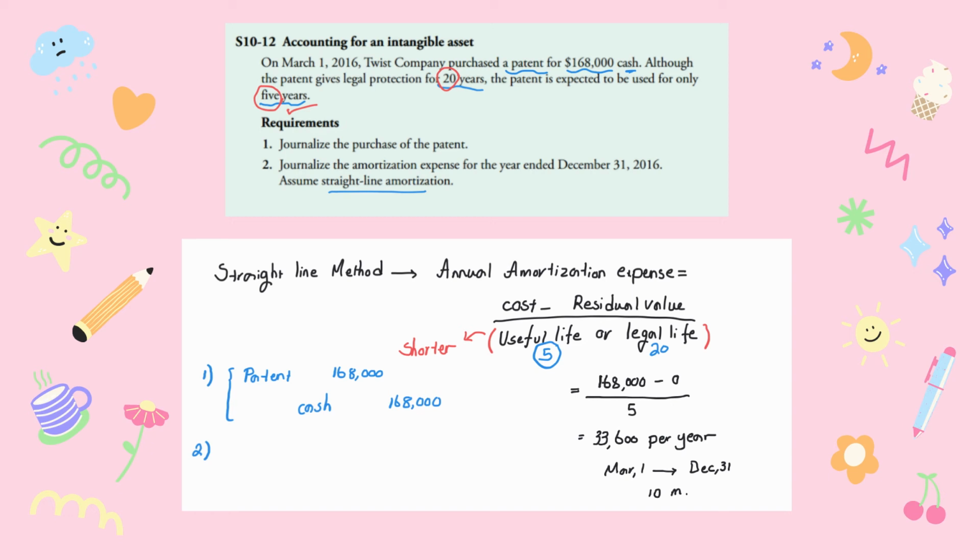So I need to multiply the 33,600 with 10, then divide by 12. So we're gonna get 28,000. So this is the amortization expense for this period of time. So again, I need to multiply it with 10 divided by 12. Okay, so we're gonna get 28,000.